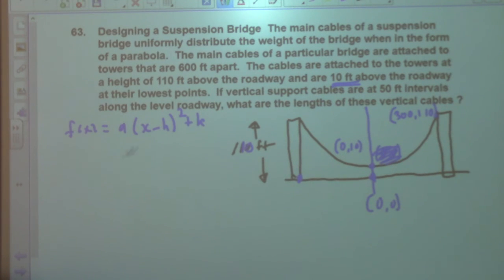So now what we do is, if we use this point up here, we say f of x is equal to, that's going to be 110, right? Is equal to a, and then we have x minus 0 squared plus 10, and that's what's helpful in this problem, in my opinion, because we've set it up so that h is equal to 0.